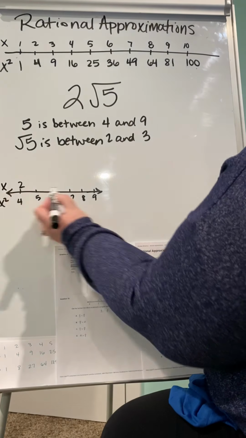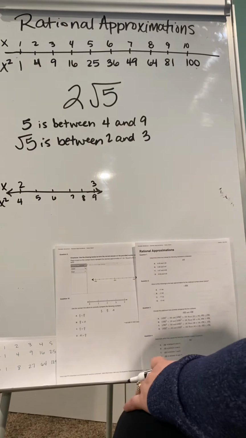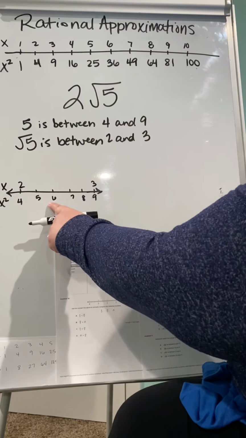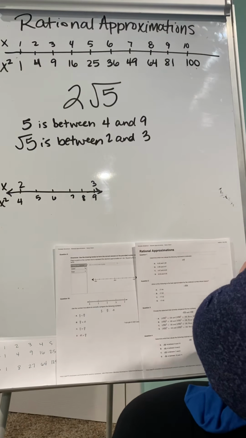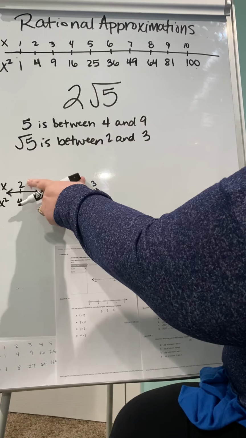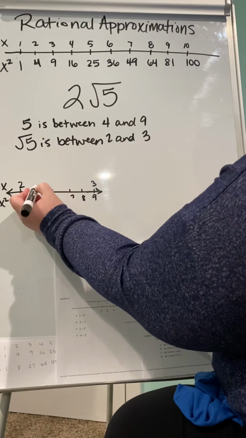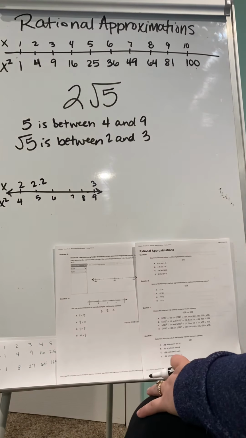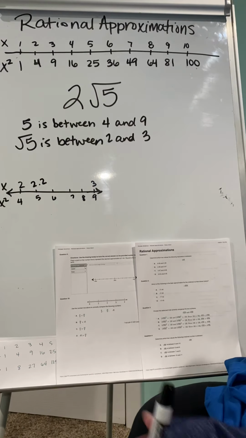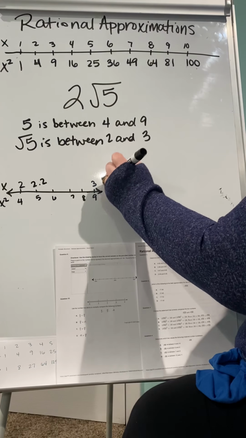Square root of 4 is 2. Square root of 9 is 3. I've got 5 intervals in between these two, and I've got one spot up here. So this is going to be really close to like 2.2. So let's try 2.2.